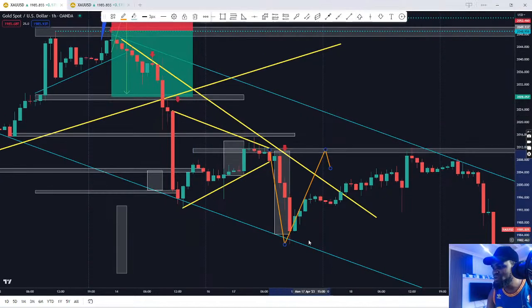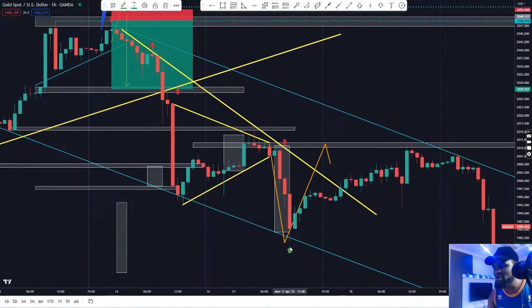Okay, so if we go all the way up this way, then our buy will need our trend line simply because we have a clear W pattern. We have a clear W pattern here. So where do we need to go after buying?